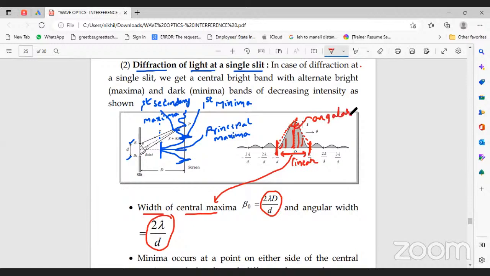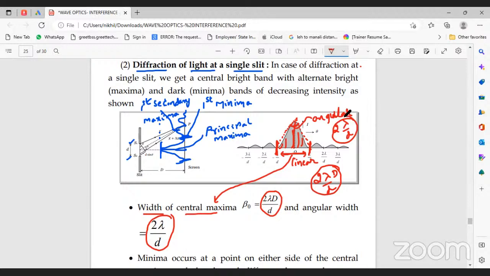So, in the case of the principal maxima, there will be both angular separation as well as linear separation. Angular separation is given by 2 lambda by small d. Linear separation is 2 lambda capital D by small d. So this is the linear width and this is the angular width of the principal maxima.